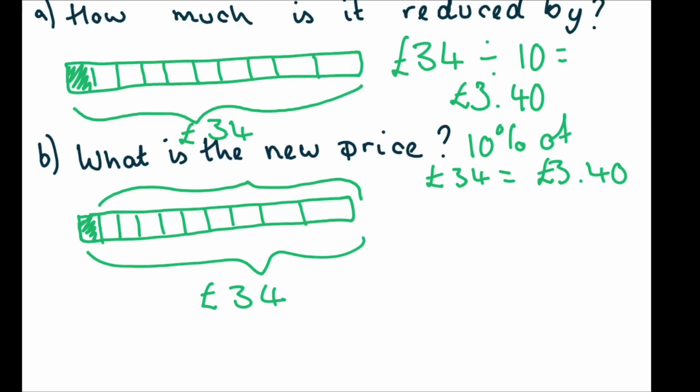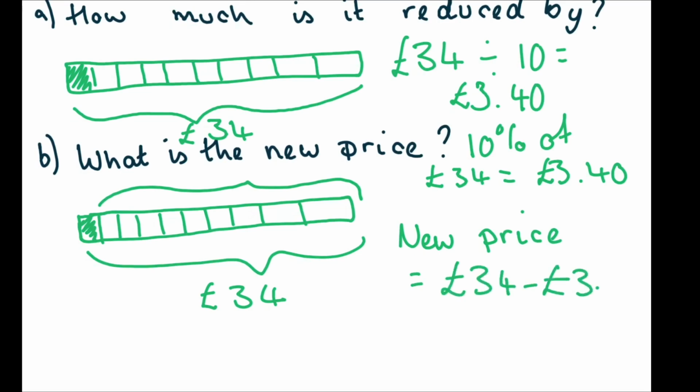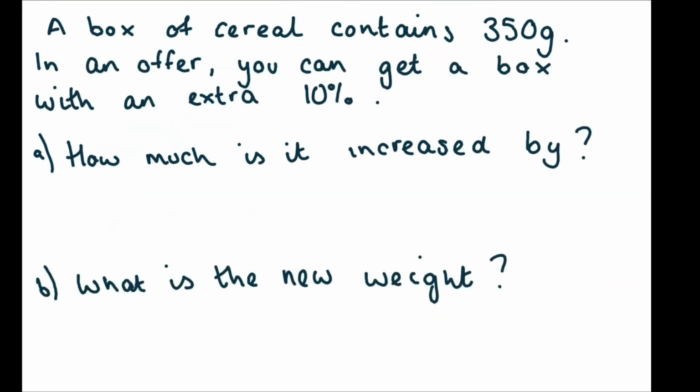So I'm just going to do £34 and I'm going to subtract that 10%. So I'm going to do new price equals £34 minus £3.40. And that gives me £30.60. So now have a go at this one yourself and I'll go through it in a second.